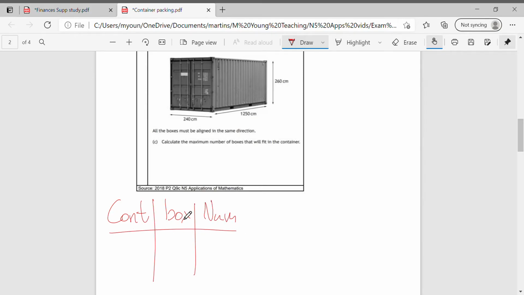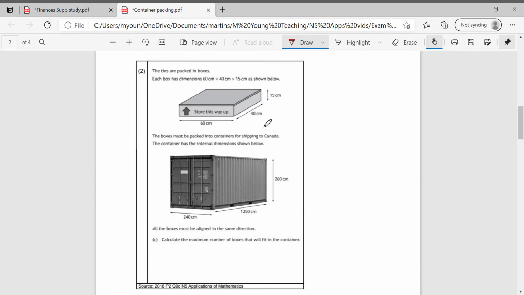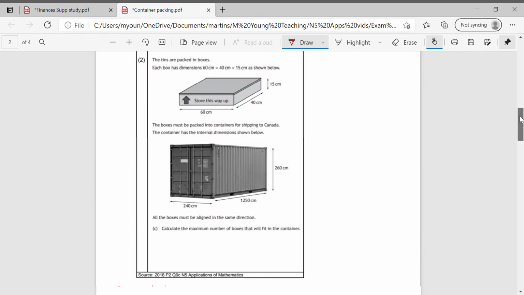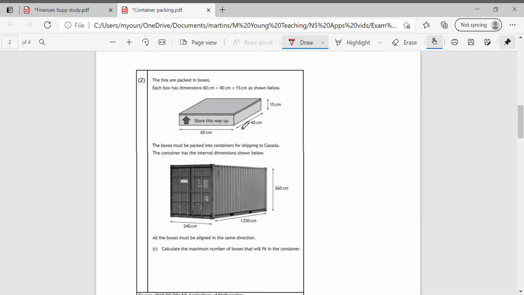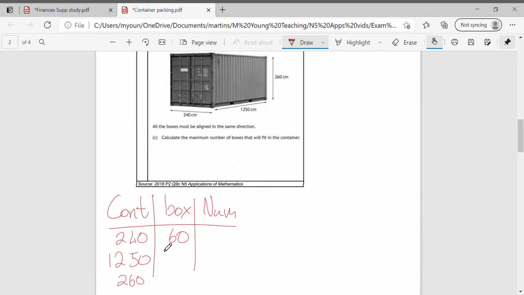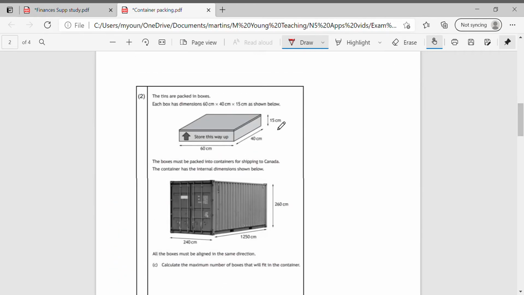Container length 240, 1250 and 260. The way that the box is shown right now, 60 would correspond to the 240. 40 would correspond to the 1250. And the 15 would correspond to the 260.